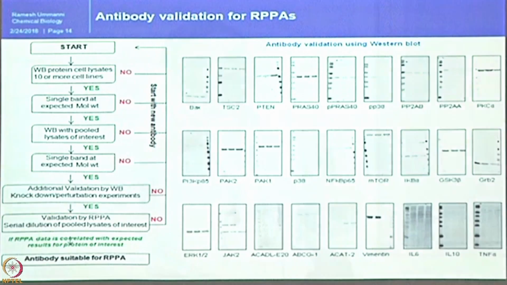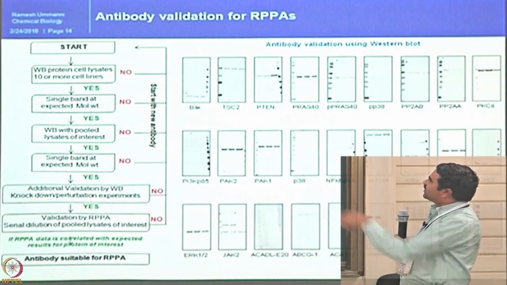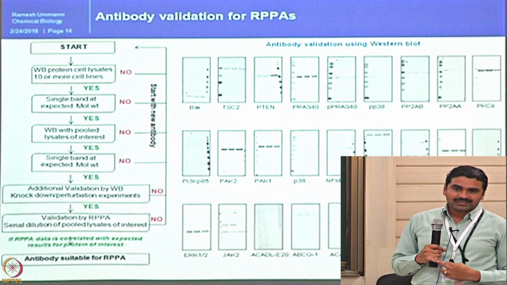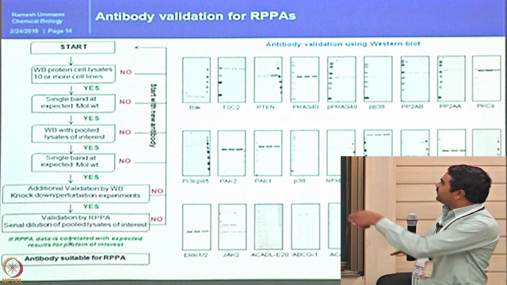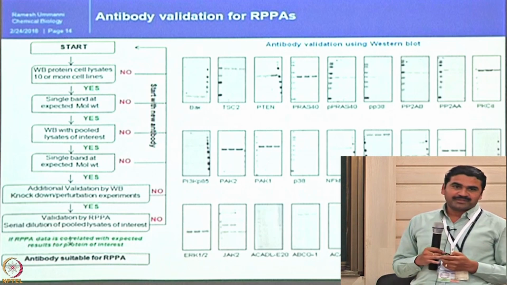That means in a complex mix also, the antibody has the capacity to recognize the protein of interest without any non-specificity. If it gives a single band, it will go to the additional validation steps by Western blot using knockdown experiments and stimulation experiments. And if it is yes, then it will go to validation by RPPA.